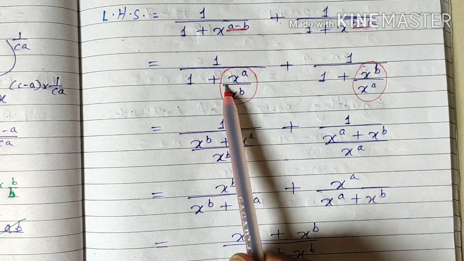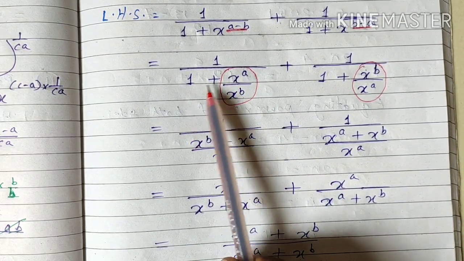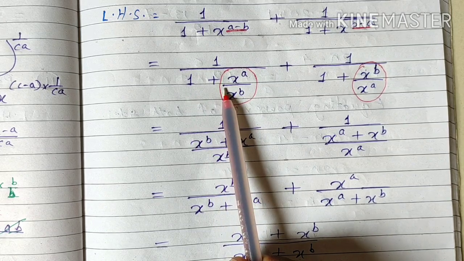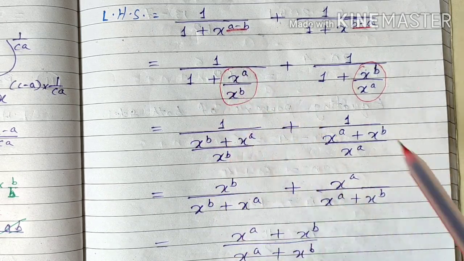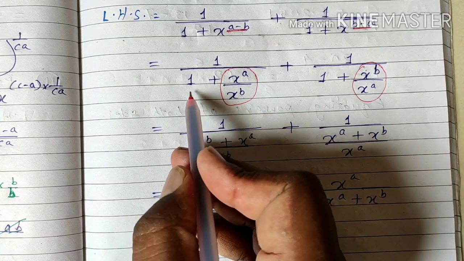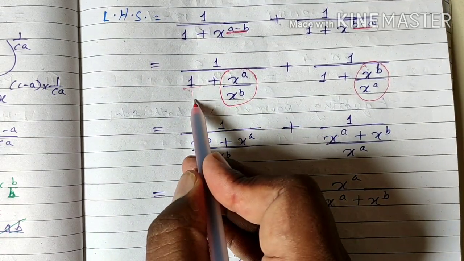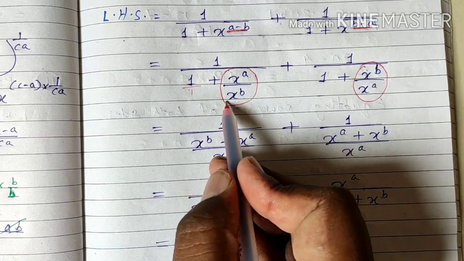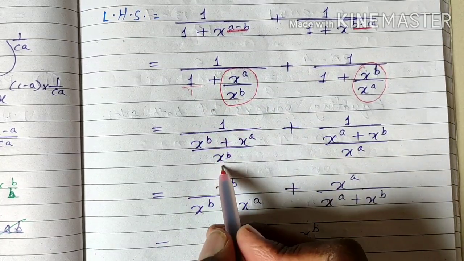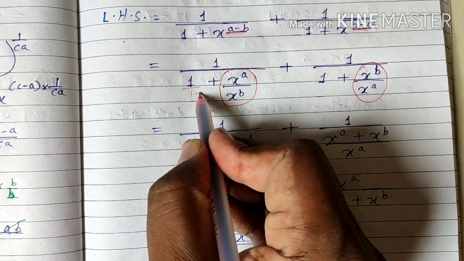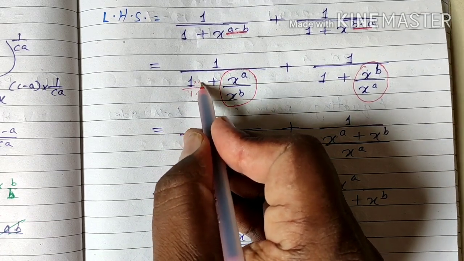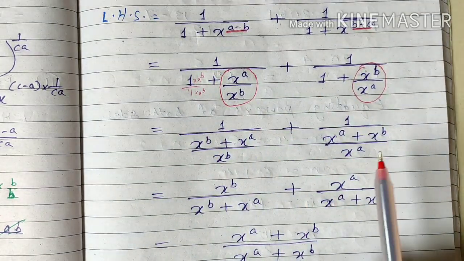To add these two things, we need their denominators equal. Since the denominators are different, we take the LCM of x raised to b and 1, which is x raised to b. So multiply by x raised to b; the numerator is also multiplied by x raised to b.